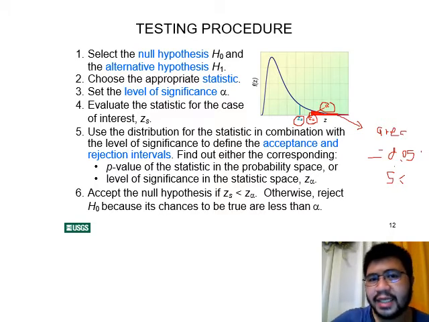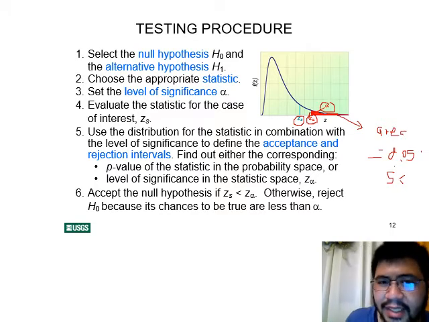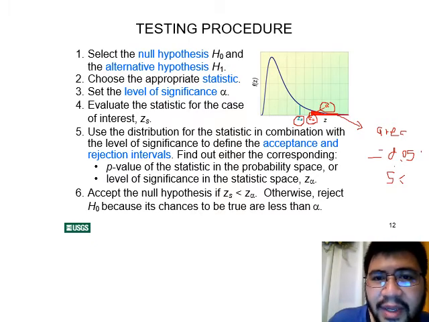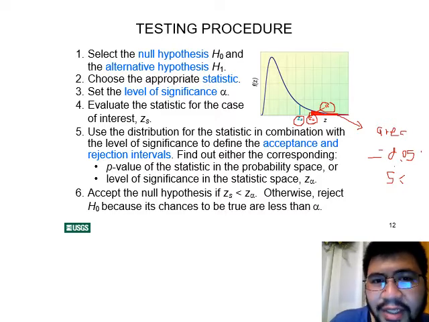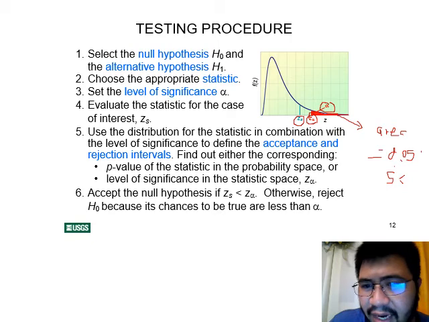And since this is a right-tailed test, if the p-value is bigger than the alpha, we fail to reject the null hypothesis, and we get to keep the null hypothesis. Okay? All right, so the p-value is here.